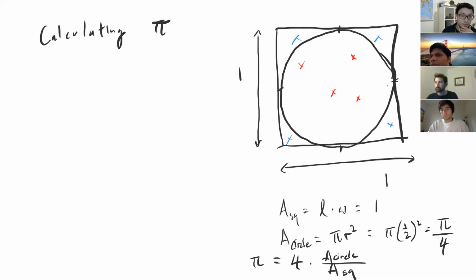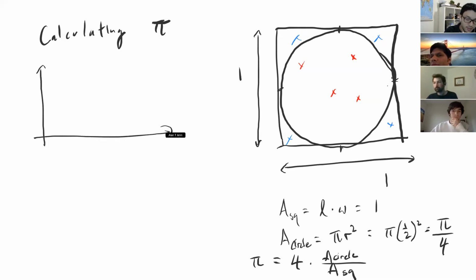So what I can do is choose, in a Monte Carlo, a PDF where I go from 0 to 1 for x.